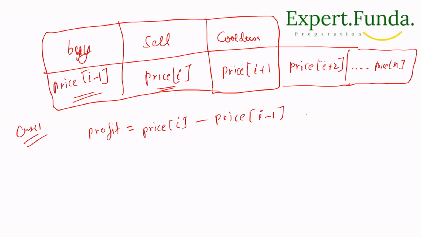At this point we get the profit, because after the cooldown the next tradable price is I plus 2. So we add MP at I plus 2, the maximum profit from the rest of the price sequence.